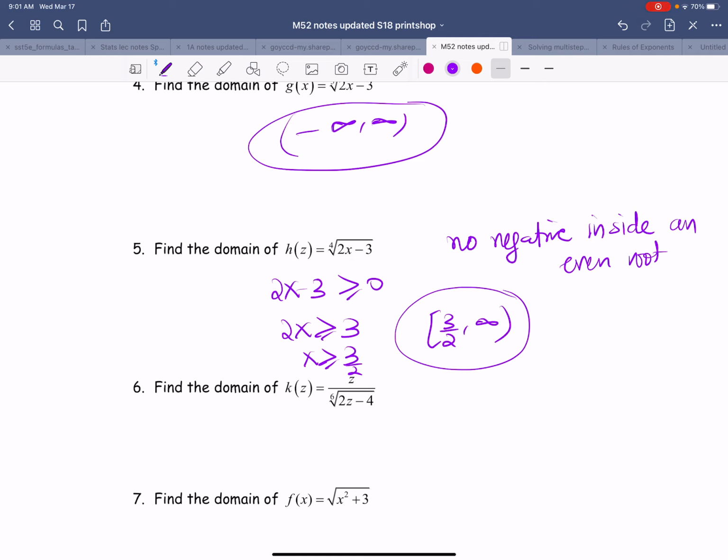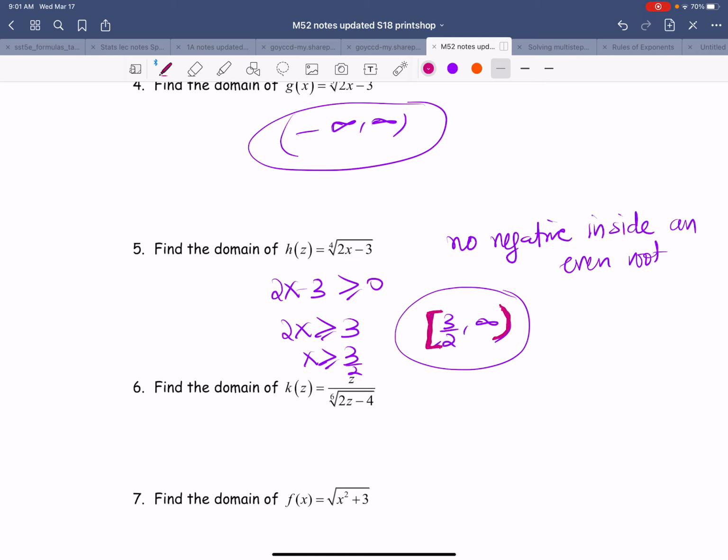Any numbers bigger than 3 halves and including 3 halves are okay to use for x here. They all will give me real output. Any numbers smaller than 3 halves would not be okay, so they would not be included. Make sure you use the correct symbol. Bracket means we are including 3 halves.